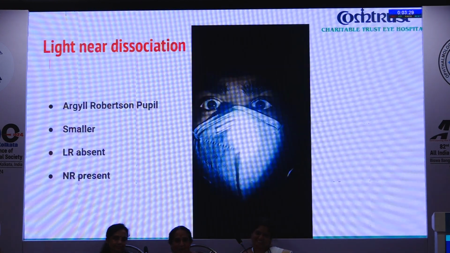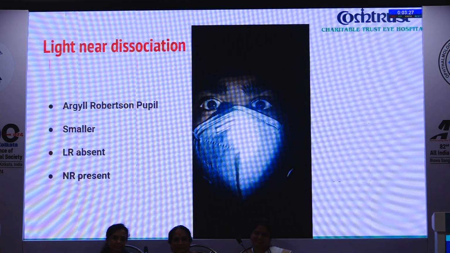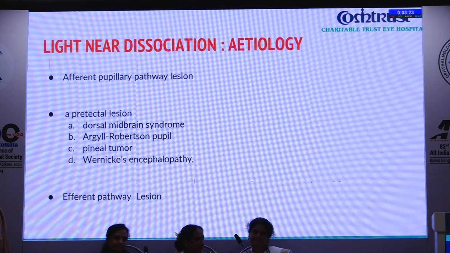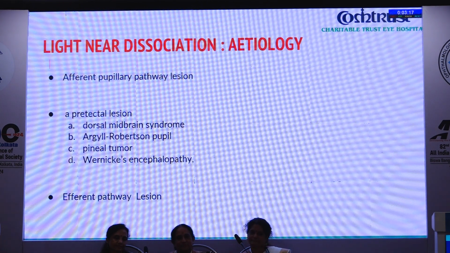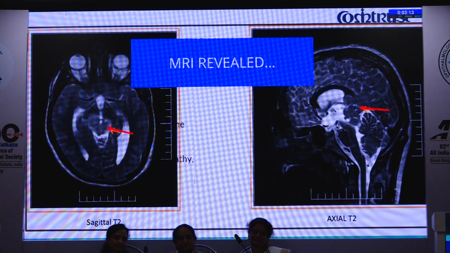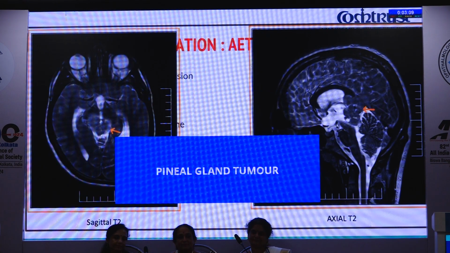There was also convergence retraction nystagmus, if you could note. This is the etiology: afferent or efferent pathway lesion, or dorsal midbrain syndrome, pineal tumor, or Wernicke's encephalopathy. An MRI of this 16-year-old boy revealed a pineal gland tumor, as you can see here, marked in orange.